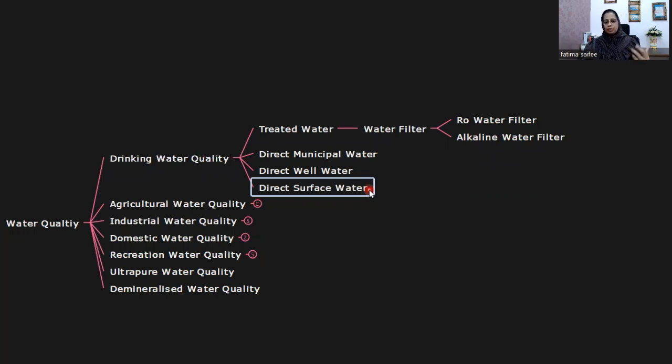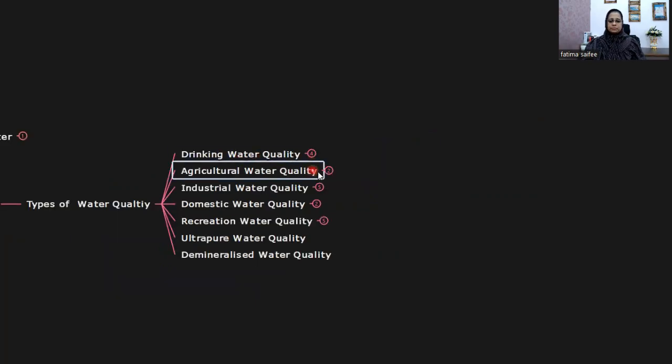Spring water is normally very good quality for drinking, but sometimes it may or may not have impurities. So this all comes under drinking water quality.